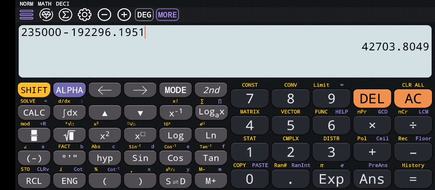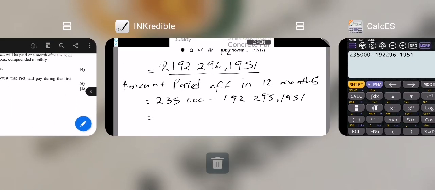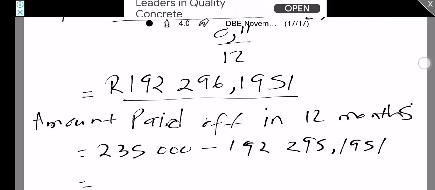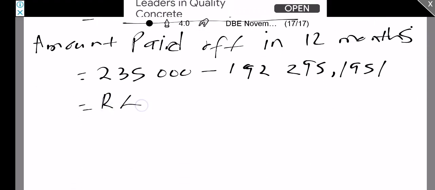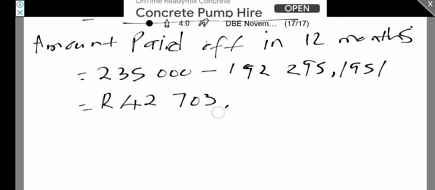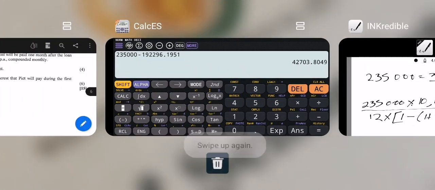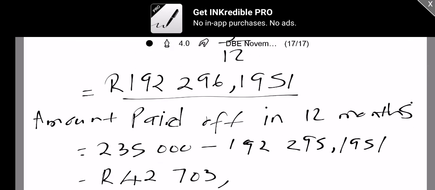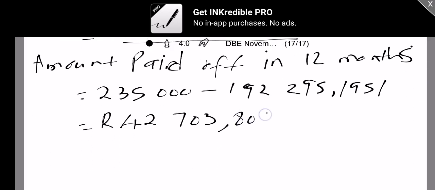That is 42,700 and 42,703 point 2,703.8049.